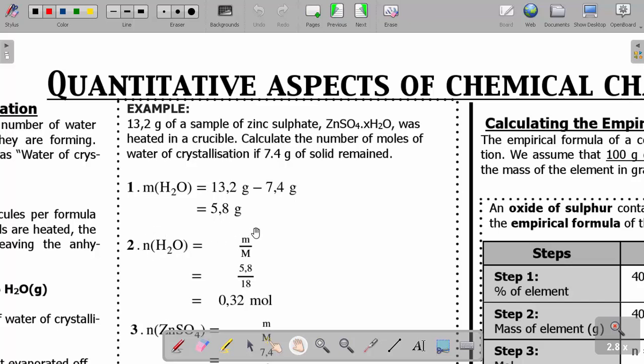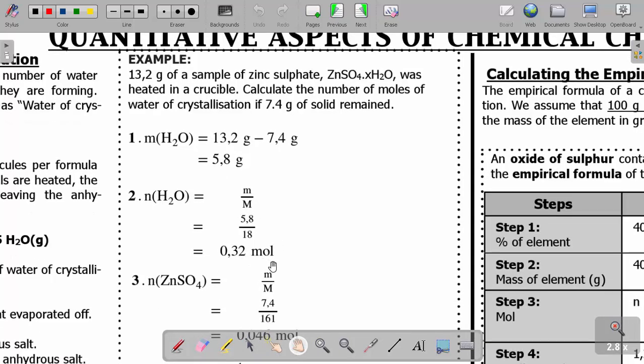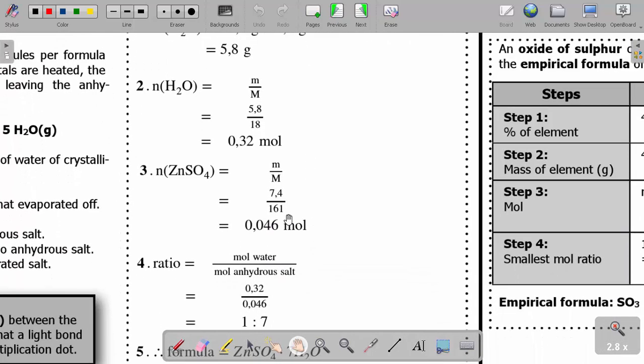What about the number of moles of water? It's going to be mass over molar mass. This 5.8 divided by 18 gives us 0.32 moles. Now the zinc sulfate which remained was 7.4 grams, so I divide by the molar mass of zinc sulfate, which is 161 from the periodic table, and I get 0.046 moles.